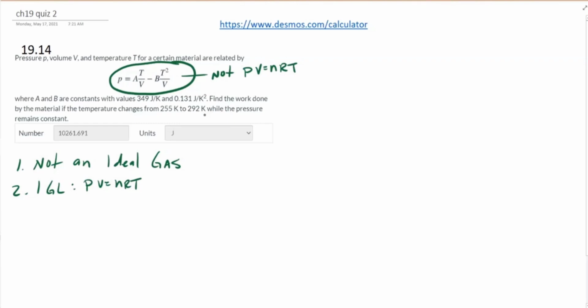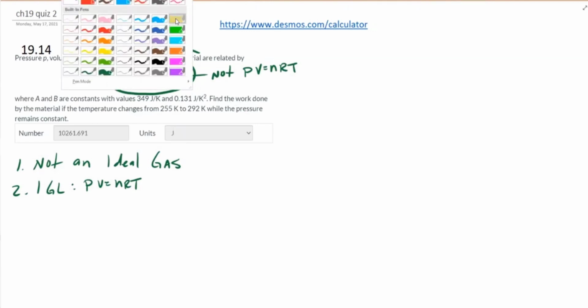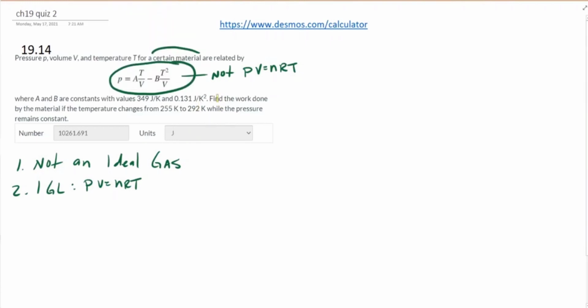The question is, if you're dealing with this working substance, whatever it is, they say certain material. So the certain material is the working substance. Find out the work done. So that is a very key term. Knowing what you know about this situation, what is the work done?